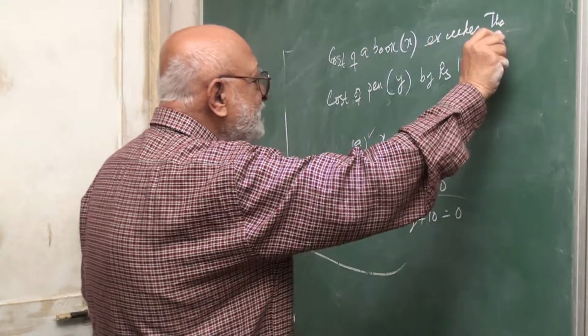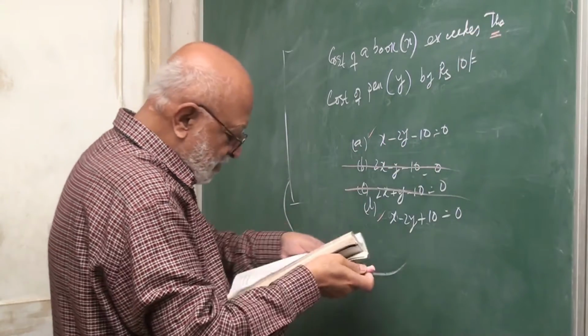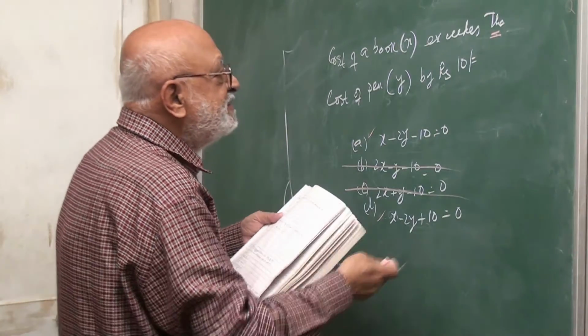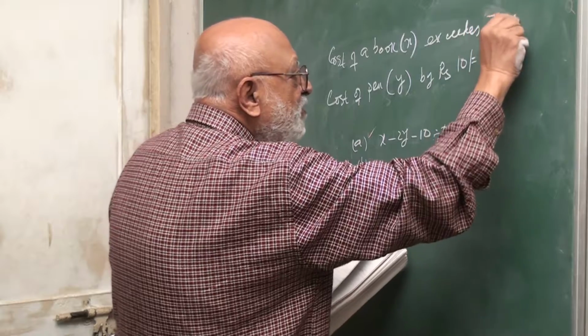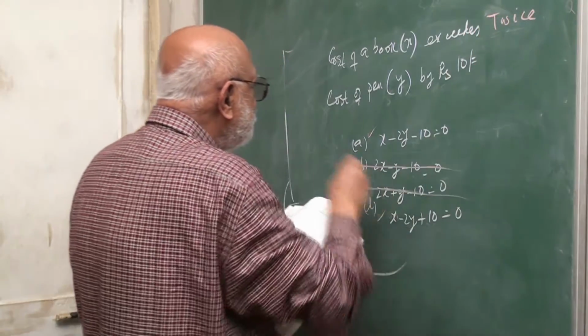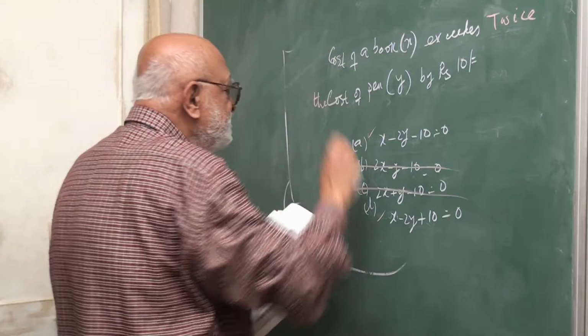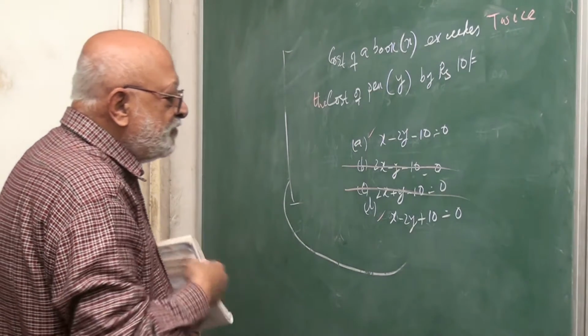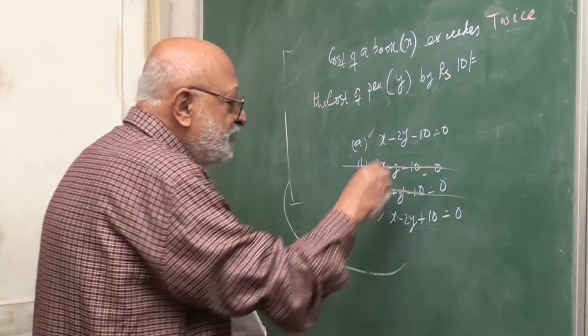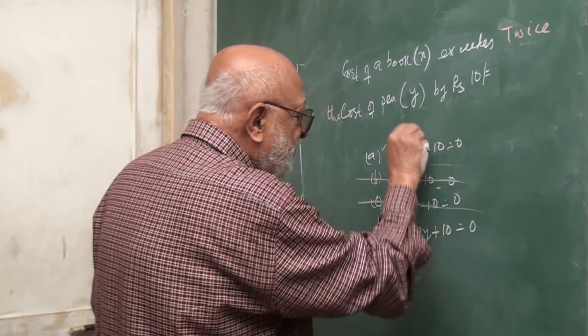Because the cost of the book exceeds 2 times the cost of the pen. Exceeds twice, twice the cost of pen, by ₹10. So what will it be then? This one would be okay, right?